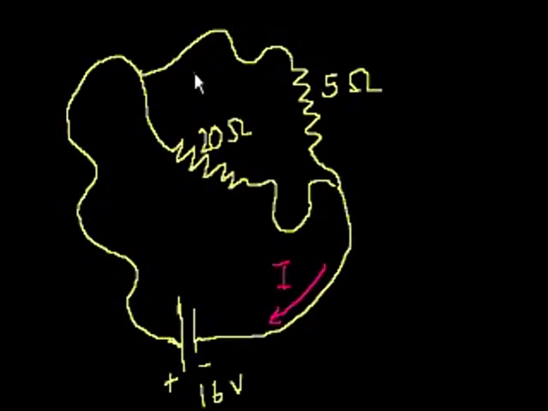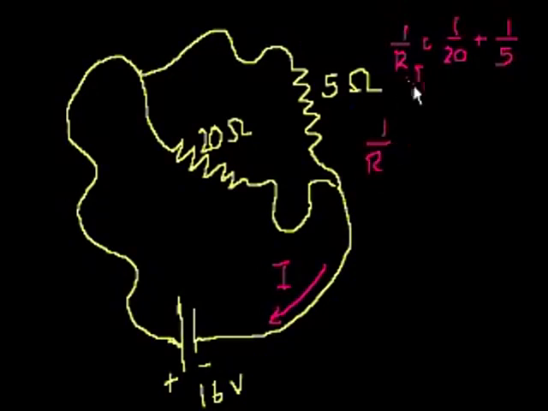So how do we figure out the equivalent resistance? Well, we just hopefully proved to you that 1 over the total resistance is equal to 1 over this resistor plus 1 over this resistor. So 1 over R is equal to 1 over 20 plus 1 over 5.